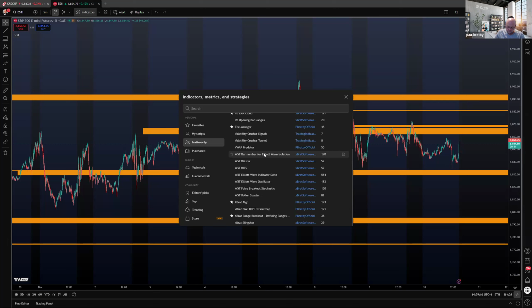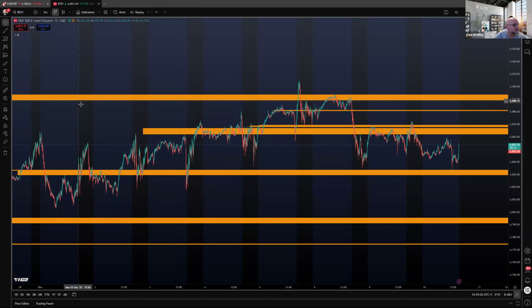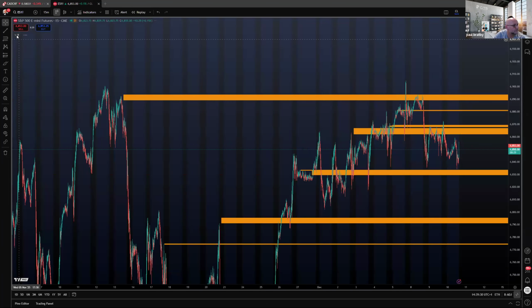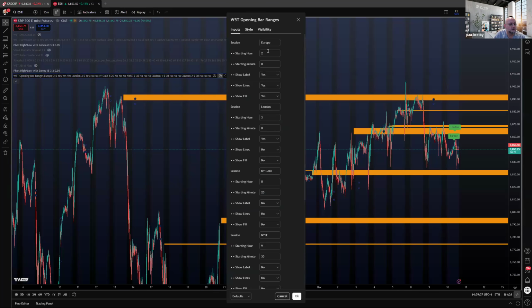Nothing spectacular. Okay, so range breakout, defining the range. Let's add this. We want to be on 15 minutes. And now I'm going to define here.